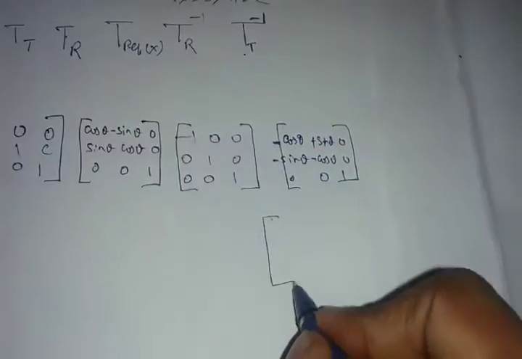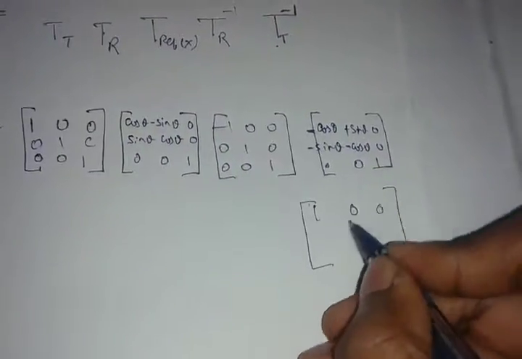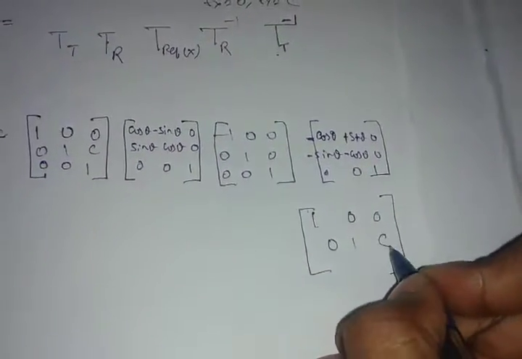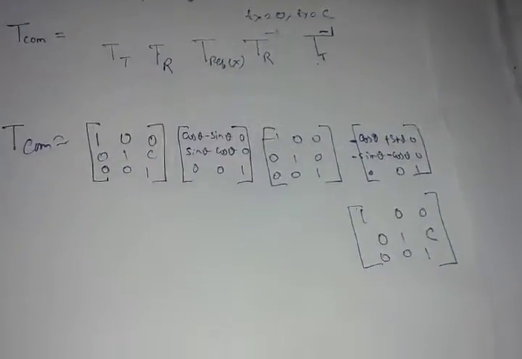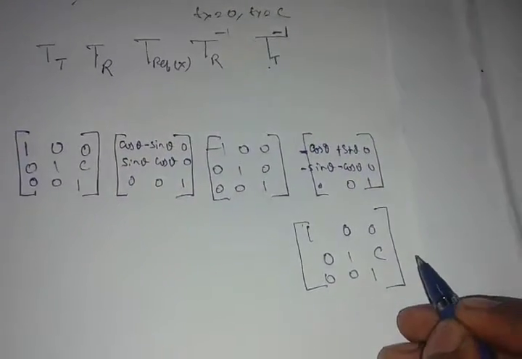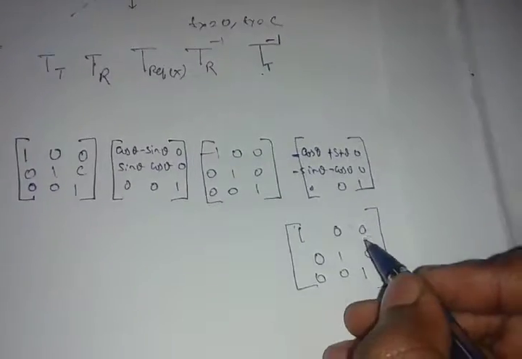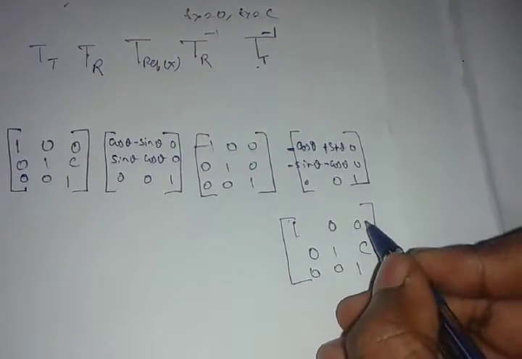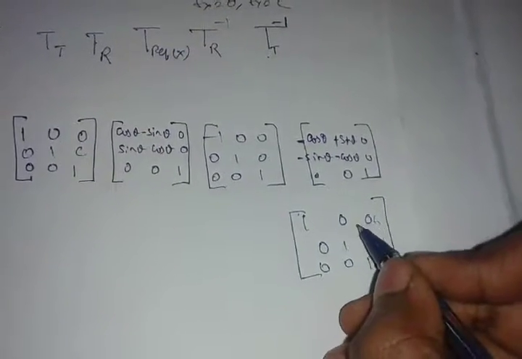Now the last matrix, inverse of translation. So similar matrix 1 0 0, 0 1 c and 0 0 1. I have already said that except the 1 and 0 positions, where the tx and ty are, you know the translation matrix is in the form where here is tx and here is ty. So what you need to do, you just make it inverse.